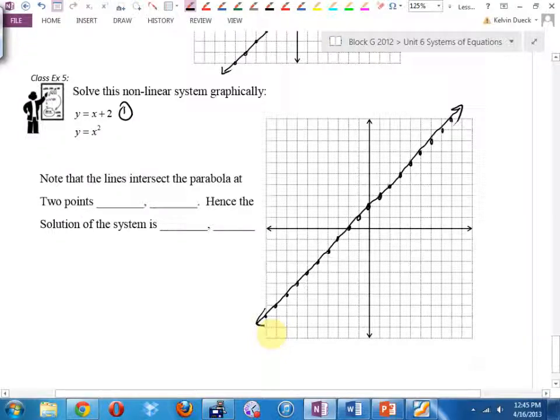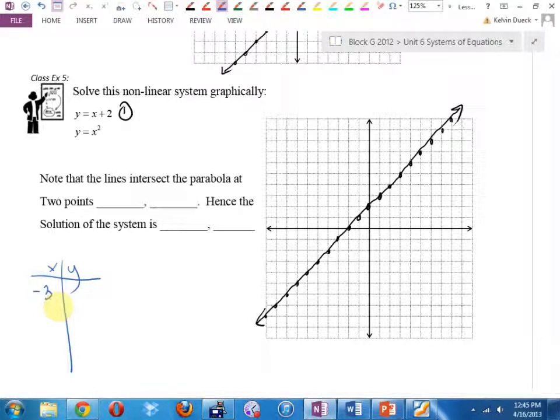This second one, you may recall, we actually gave this graph a name. It was a parabola. And we graphed it by doing a table of values. What I mean by that is, when x is negative 3, when I put a negative 3 in for the x and then I go negative 3 squared equals y, what's y? 9.